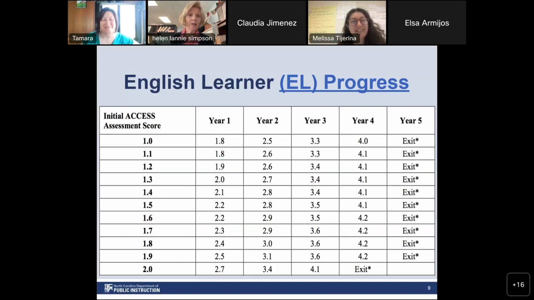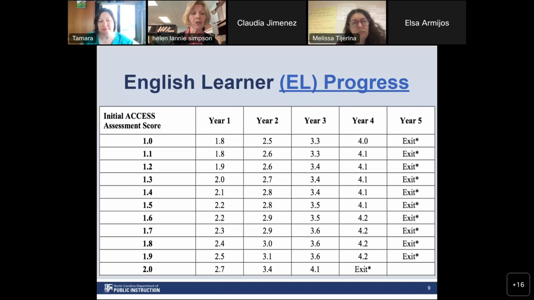Yes, it depends on their trajectory. The most a kid is going to get is 6 years in which to exit. Because it counts against them, right, because if you enter at a level 1, the maximum number of years you are allowed in which to exit is 6 total.